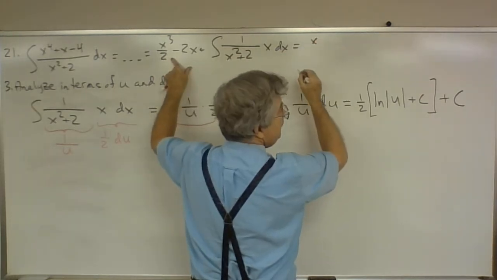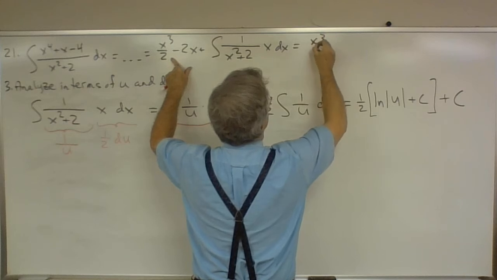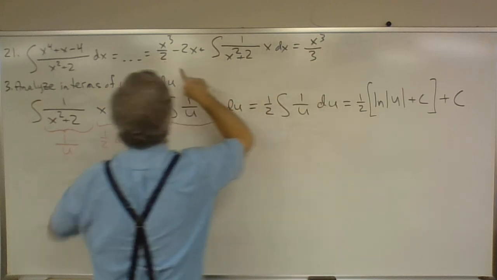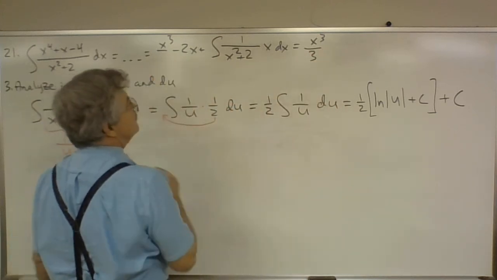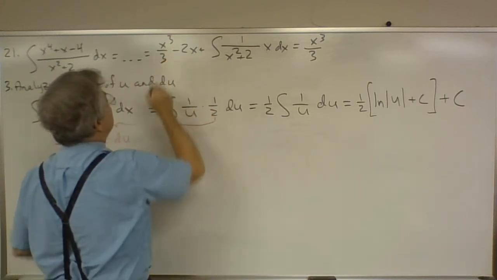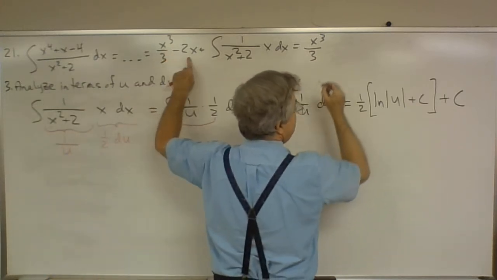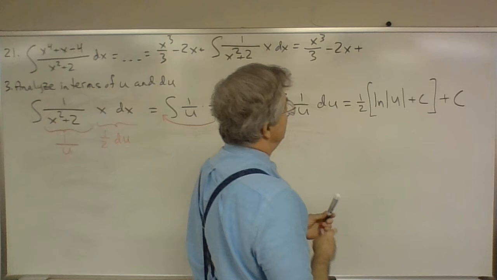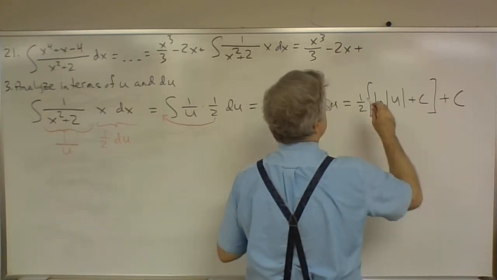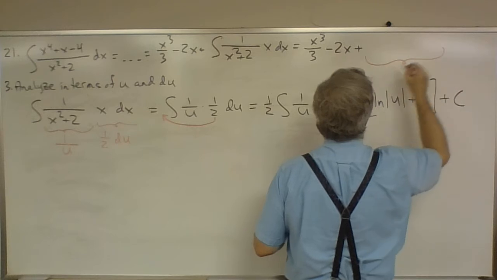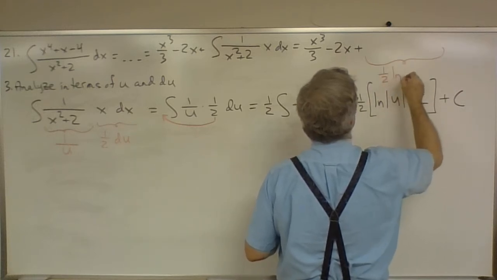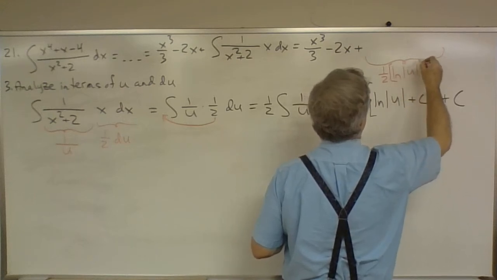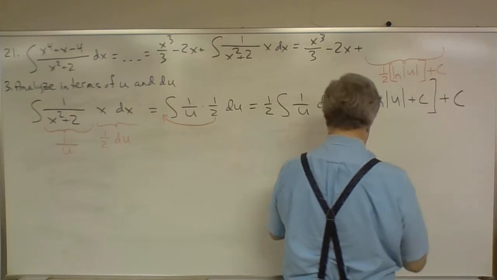x cubed, and you know what? Somehow I don't think this was a 2. Somehow I think it was a 3. I hope it was. x cubed over 3 minus 2x plus this hunk of junk here, in terms of u, it's 1/2 the natural log of the absolute value of u plus c.